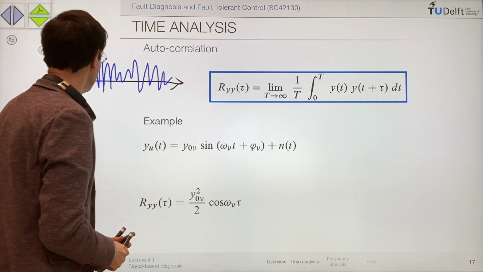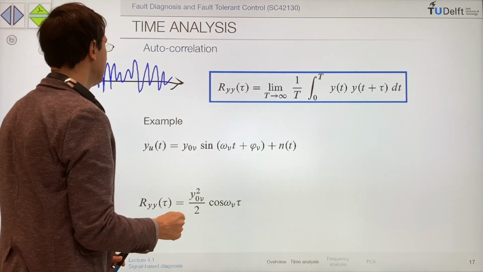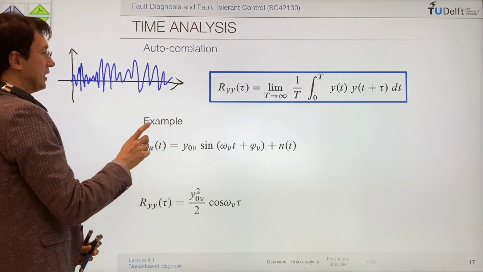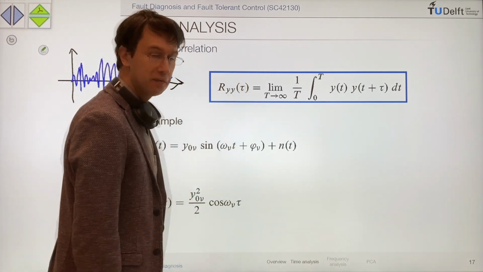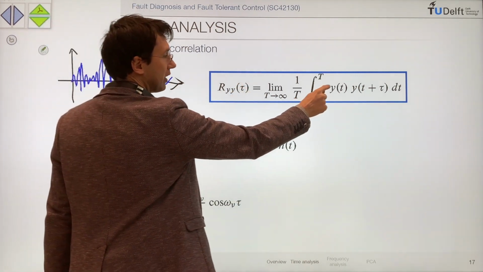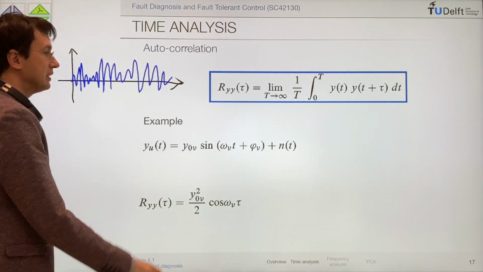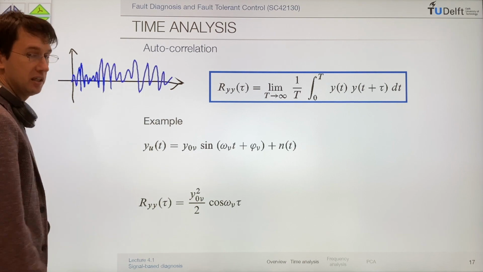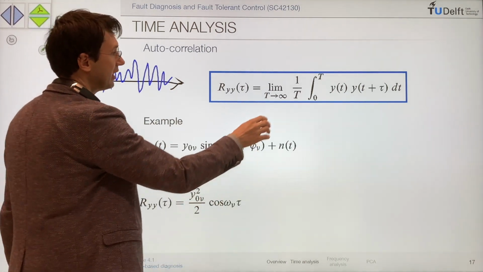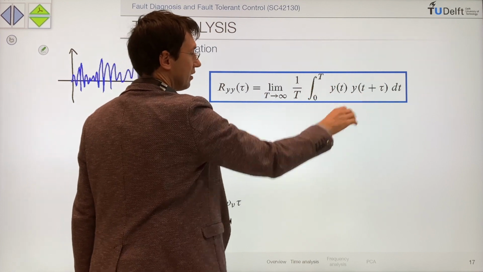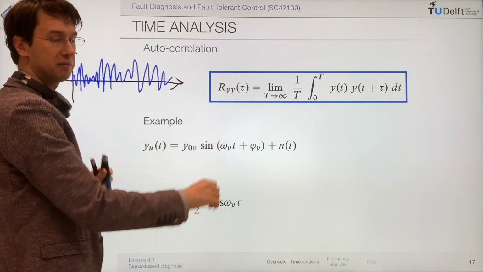I'm not very good, but if you compute now the autocorrelation, what do you get? For tau equal to 0, you have y of t that multiplies y of t. This is integrated, and this is giving you the energy of the system, because you integrate y(t) squared over all the possible values of t. This is the energy of your signal.